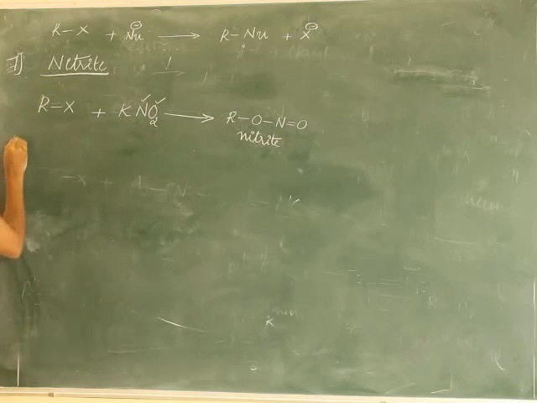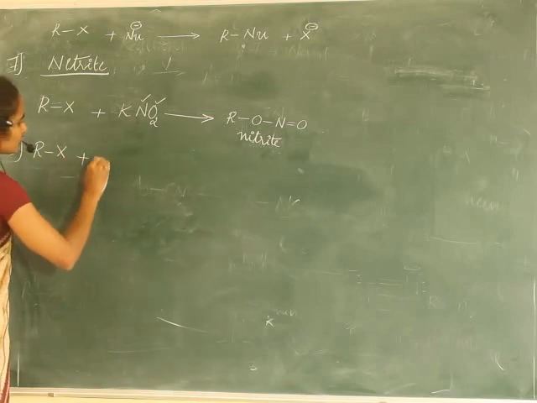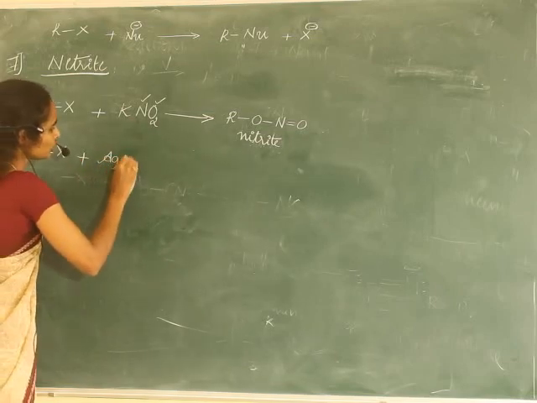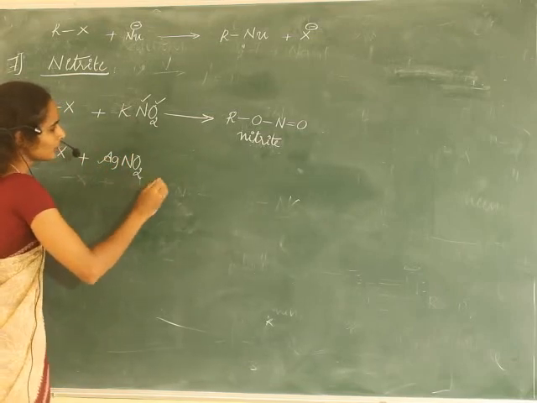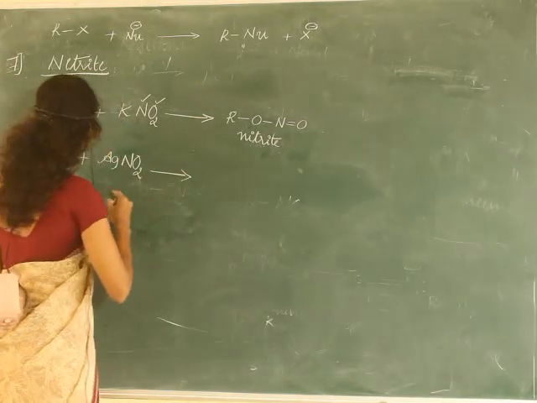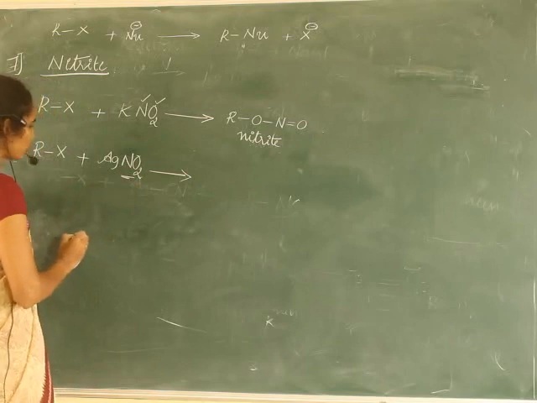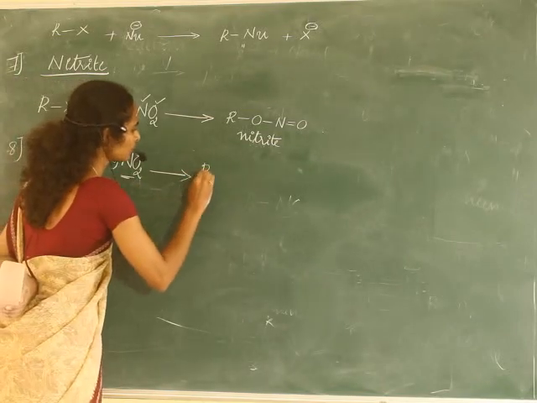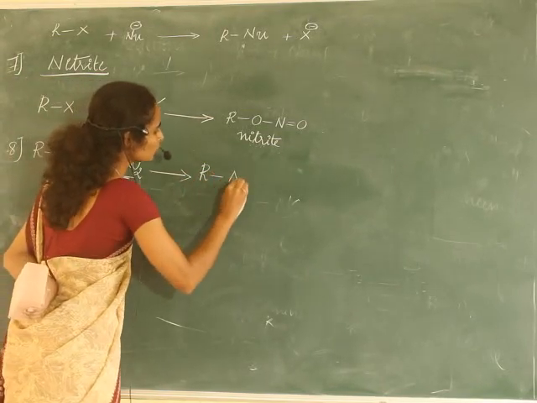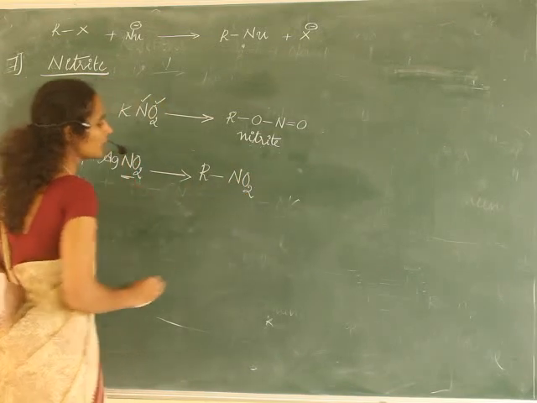Next, the eighth one is alkyl halide reaction with AgNO2. Here NO2 acts as a nucleophile and the product will be RNO2, right? RNO2.